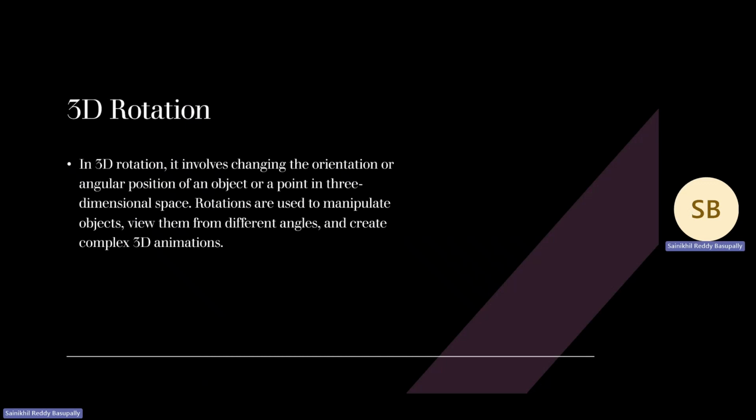There are three kinds of rotations where we can rotate an object parallel to a specific axis, so that the coordinate about which the object rotates remains unchanged, and the rest of the coordinates change. In total there are three kinds of rotations possible: rotation about the x-axis, rotation about the y-axis, and rotation about the z-axis.